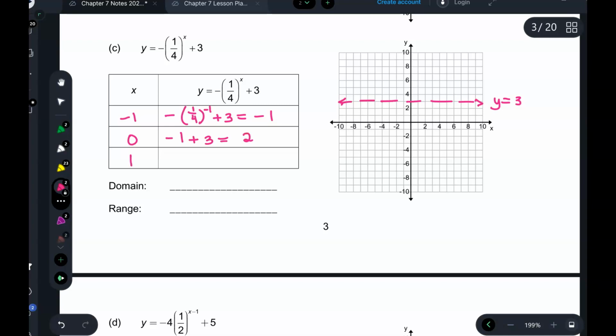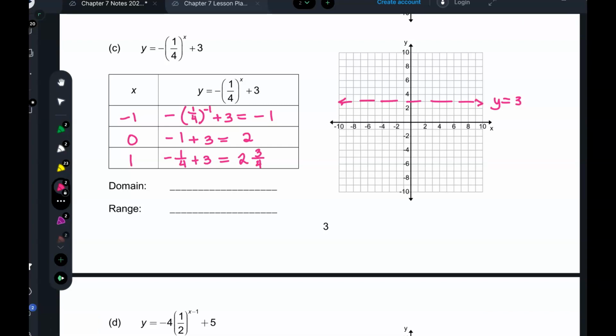And then if I plug in 1, that'll be a -1/4 plus 3, so 2 3/4. So -1, -1, 0, 2, and 1. Really close.